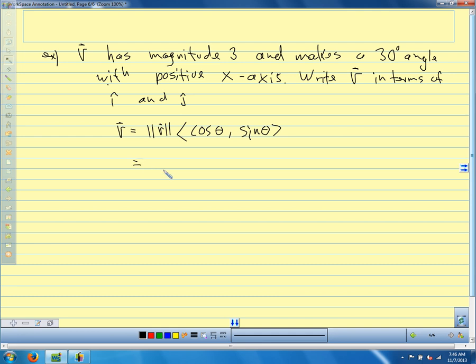So we're going to write v equals 3 times the cosine of 30 degrees, square root of 3 over 2, and the sine of 30 degrees, 1/2.